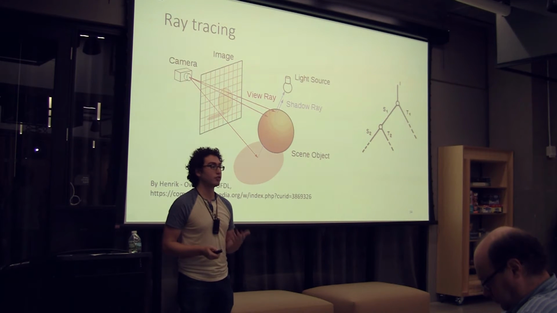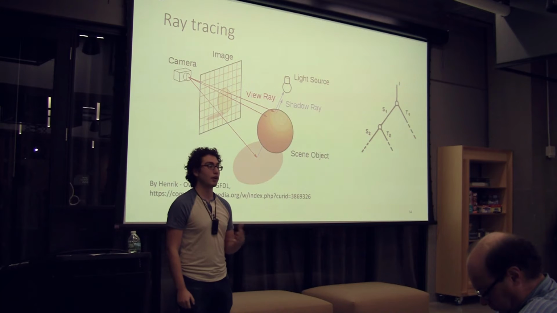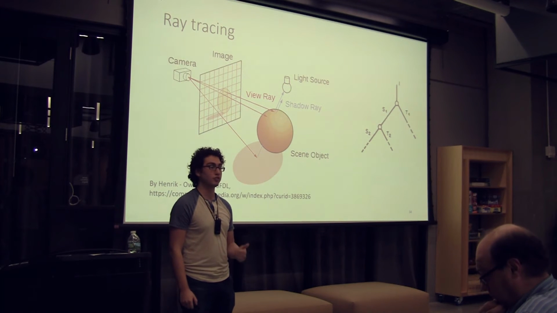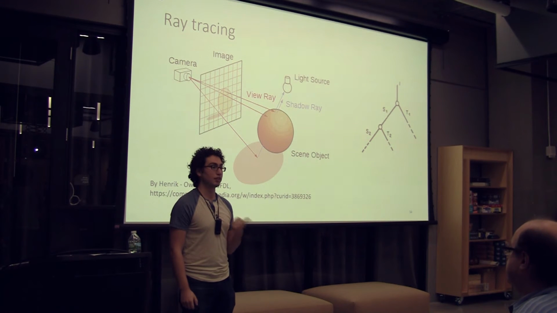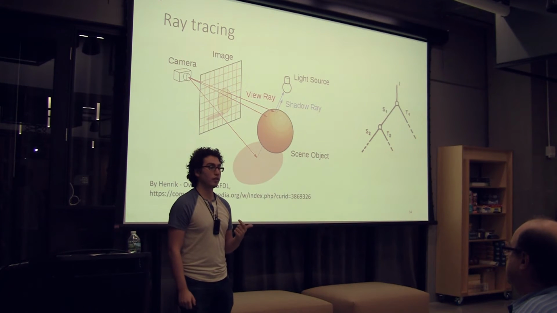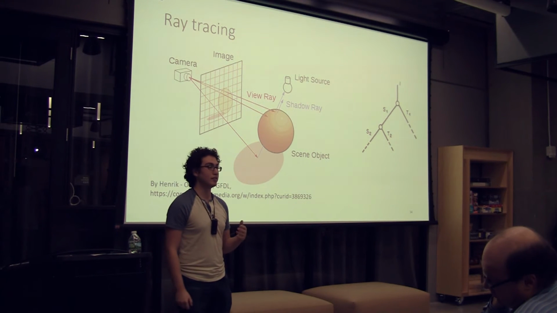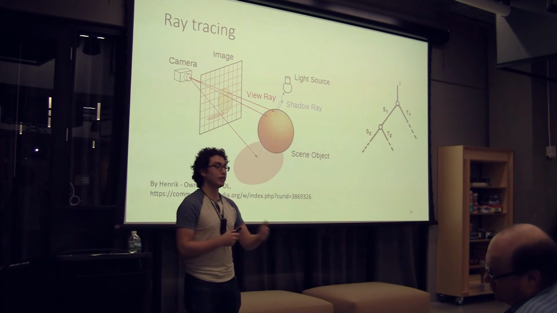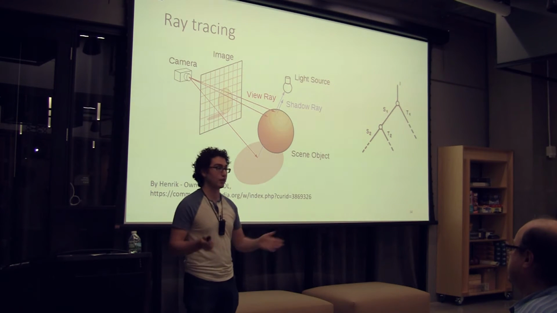And from there, we're going to shoot a bunch of rays to figure out that light. So we're going to shoot one for each light source. And what we're checking is, do we intersect first with a light or with something else? And if we intersect with something else first, it means that the light from that light source is obstructed, and so we're in shadow. So great, we got shadows.